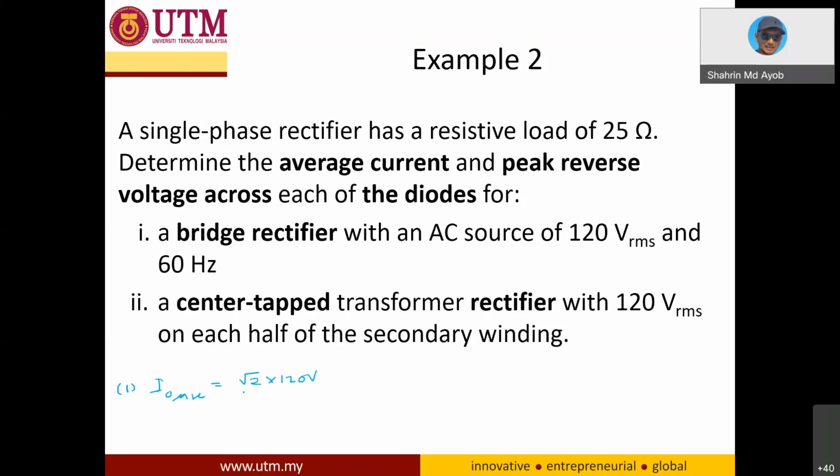This one is your Vm. Multiply with 2 over pi, multiply with the resistor 25. Okay, 4.32 amperes.